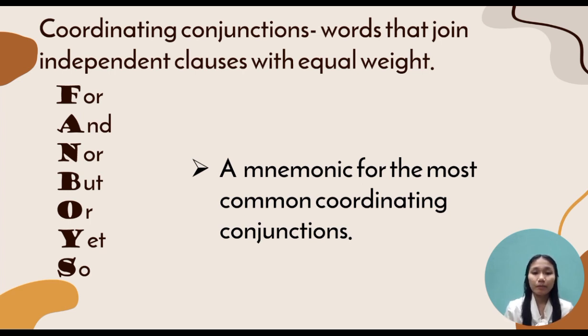FANBOYS is a mnemonic for the most common coordinating conjunctions. FANBOYS stands for: F for, A and, N nor, B but, O or, Y yet, and S is for so. That is our coordinating conjunction.